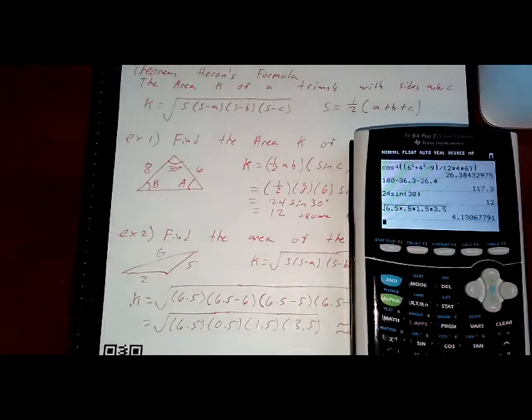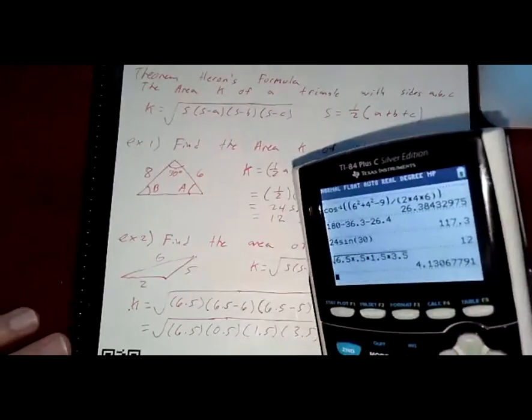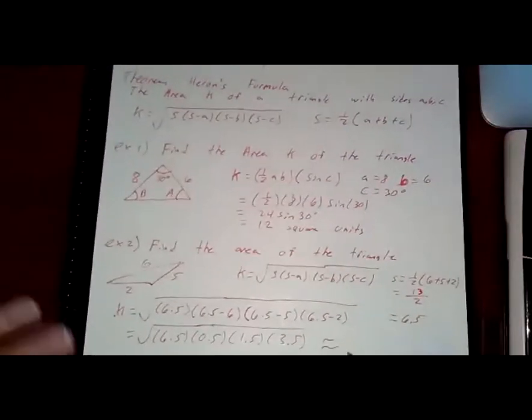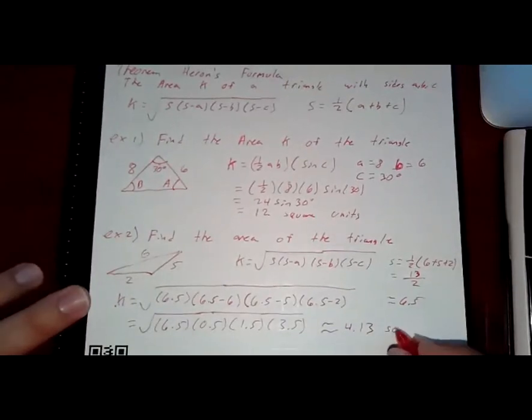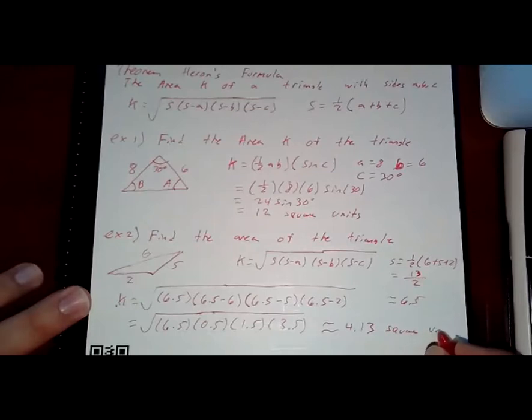So at this point is when we start rounding. So we'll round to 2 decimal places or whatever they ask us to do. So that'd be 4.13 square units.